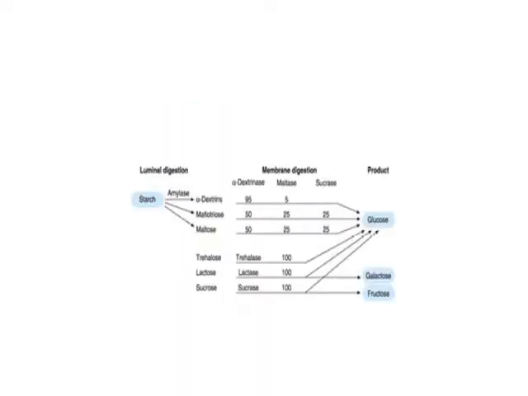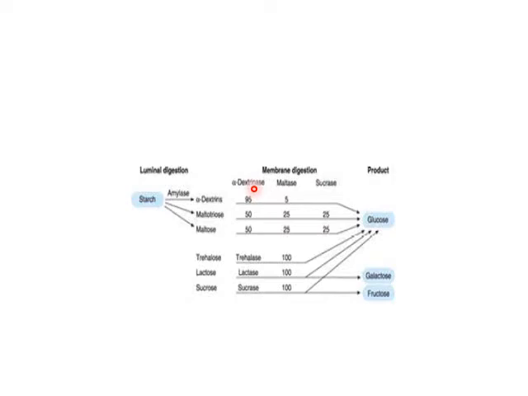The oligosaccharidases are present in the outer portion of the brush border, the membrane of the microvilli in the small intestine. They include alpha-dextrinase, isomaltase, maltase, and sucrase. Some of these enzymes have more than one substrate.